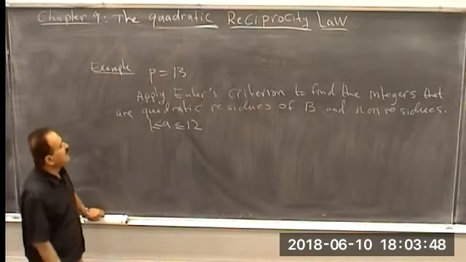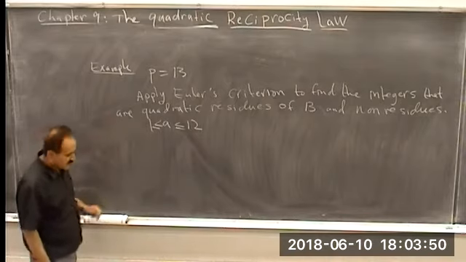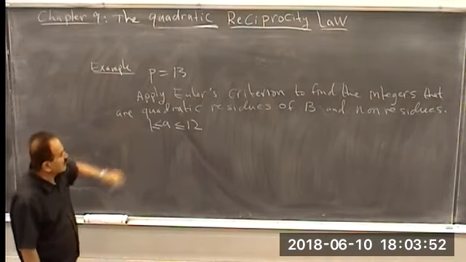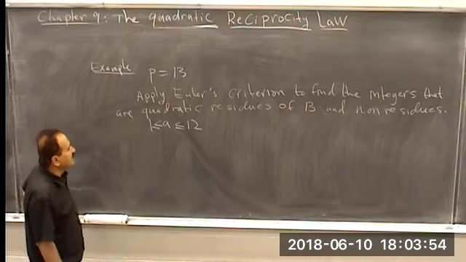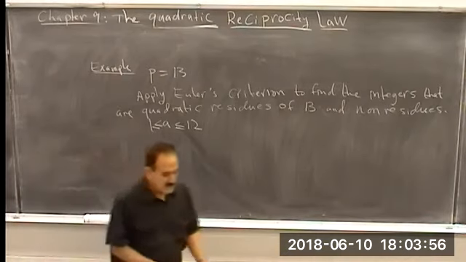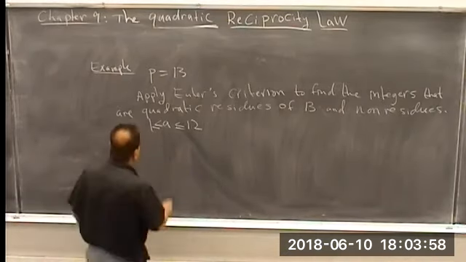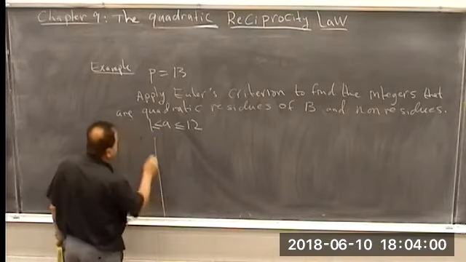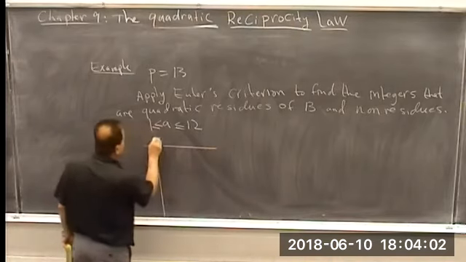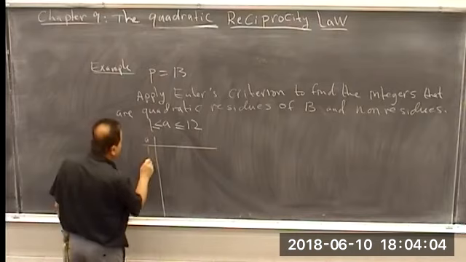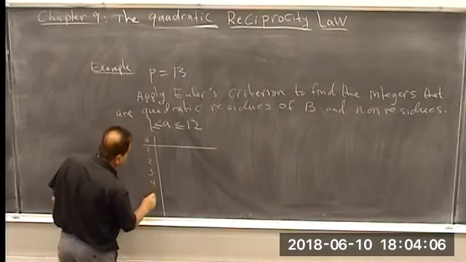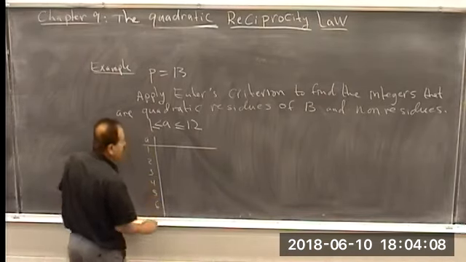Similarly for non-quadratic residue. We're going to state this as a remark. So in other words, we need to concentrate on this. We're going to calculate for each one of these integers, but I don't want to do the whole thing here. 1, 2, 3, 4, 5, 6, up to 12.